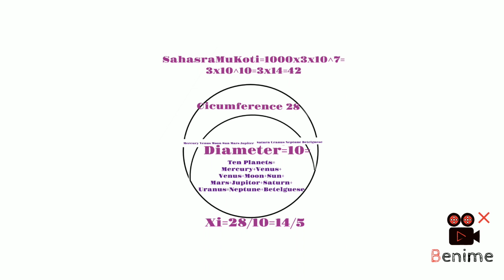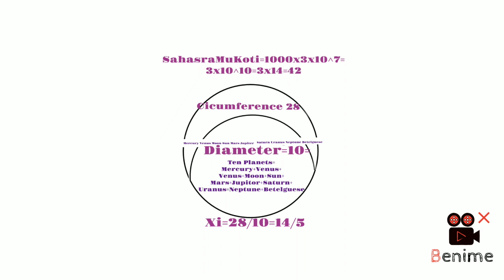Earlier we had 3 into 10 raised to 7. Now we have 3 into 10 raised to 10 Devathas. Why? Because there are 10 planets now. For the sphere, we are dropping 10 planets. What are they? Mercury, Venus, Mars, Jupiter, Saturn, Sun, Moon.